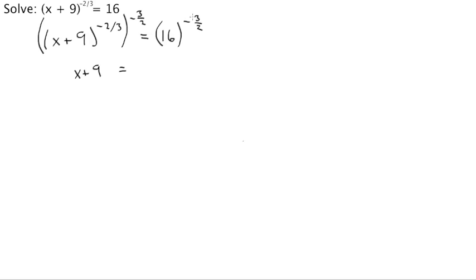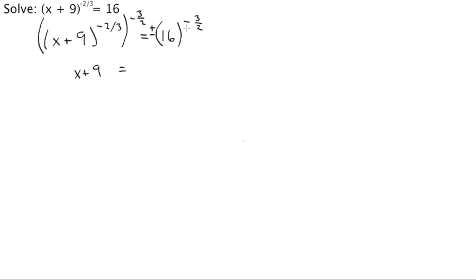On the right-hand side, negative 3 halves, this 2 is telling us that we are taking the square root of this number. Remember, when we take the square root of both sides of an equation, do not forget to put in that plus or minus. So we need that plus or minus here.